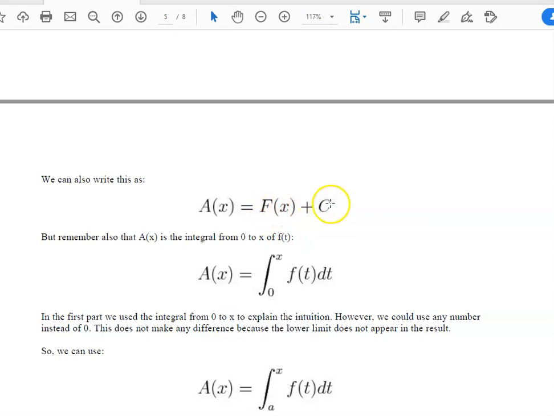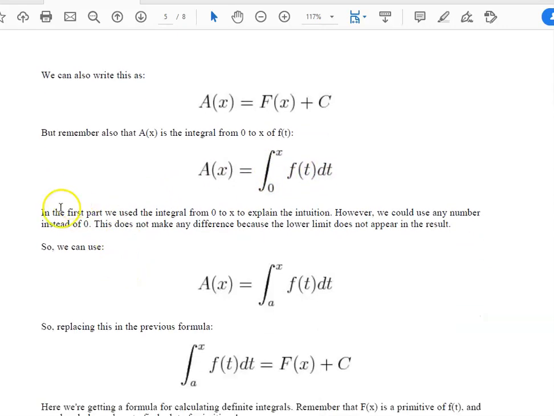This is another function, the constant is c. And this is another way of saying the same thing, that this function A of x is also this integral from 0 to x of f of t dt. Let's see, that lower limit could be 0. In fact, it could be almost anything.